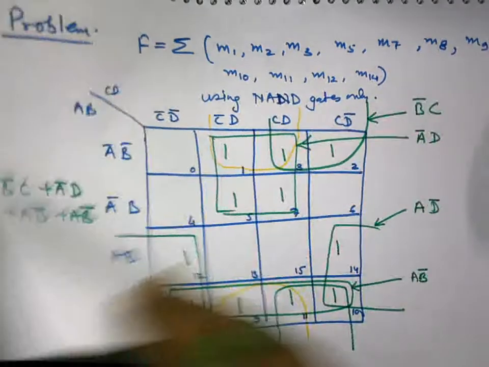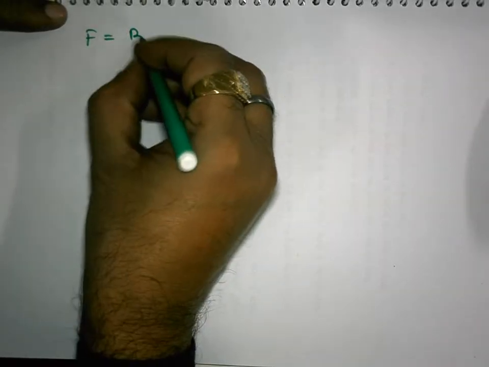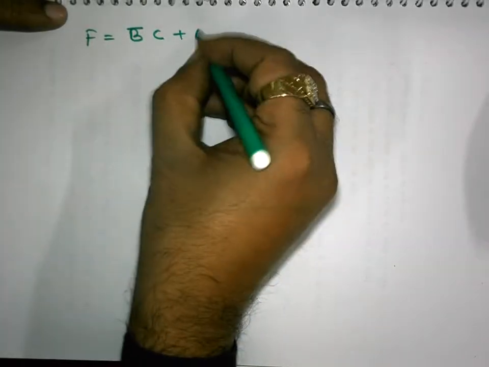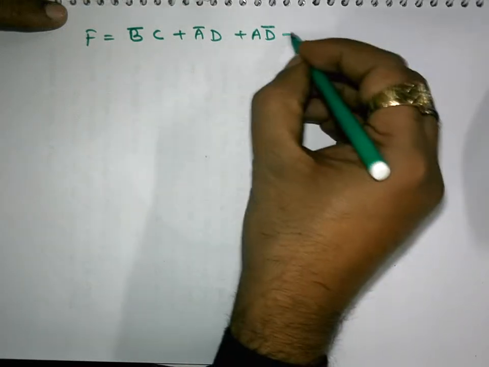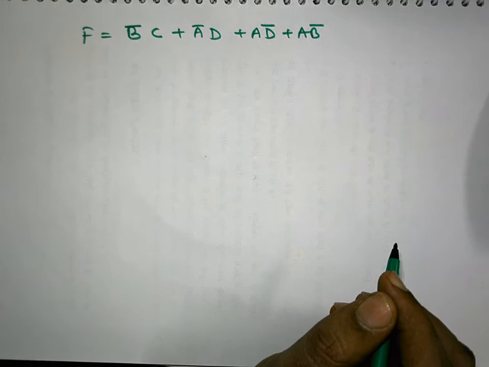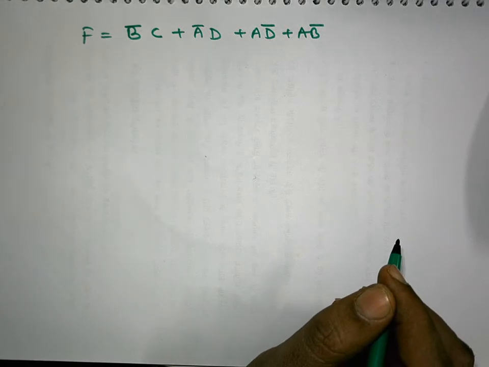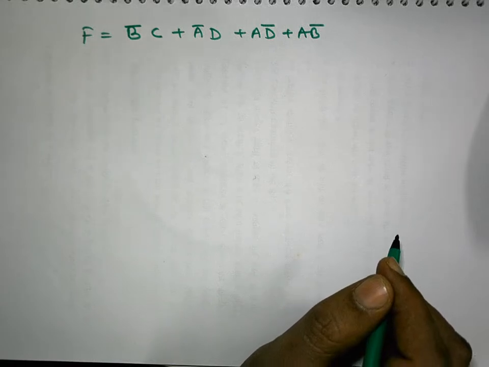The second stage of the problem is implementation. So I have to implement the function. I am further writing the function B bar C plus A bar D plus AD bar plus AB bar. Naturally, it needs 4 signal lines A, B, C, D. So better you draw all the 4 signal lines and their complement lines.